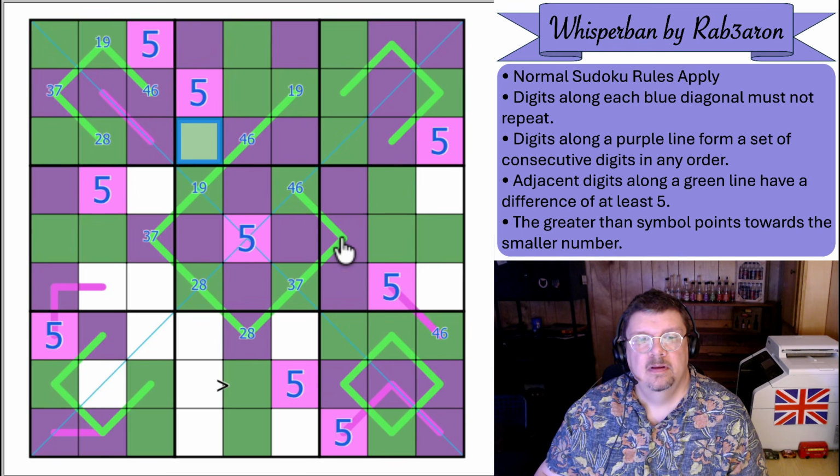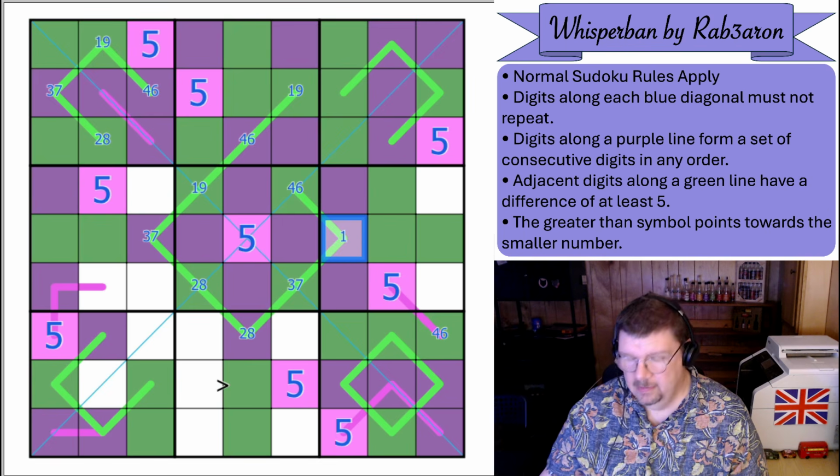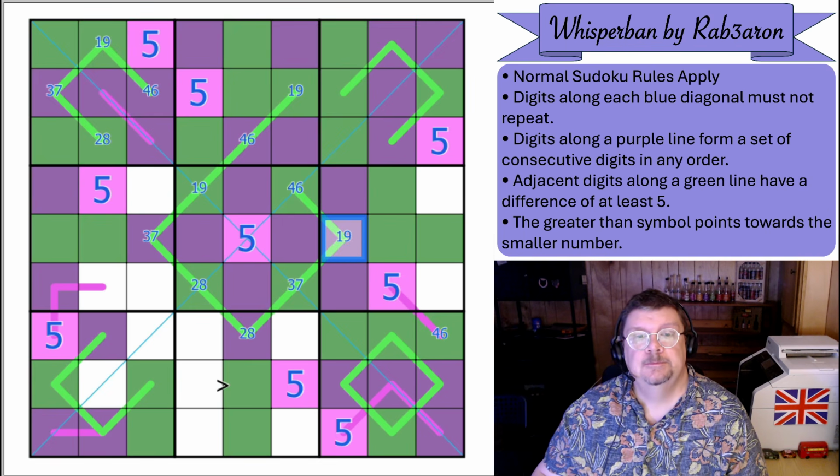Okay, and this is going to be the 1 or the 9 in purple.